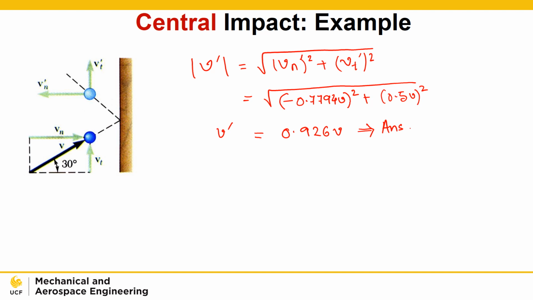Now the direction of the final velocity of the ball would be theta is equal to tan inverse Vt prime over Vn prime.